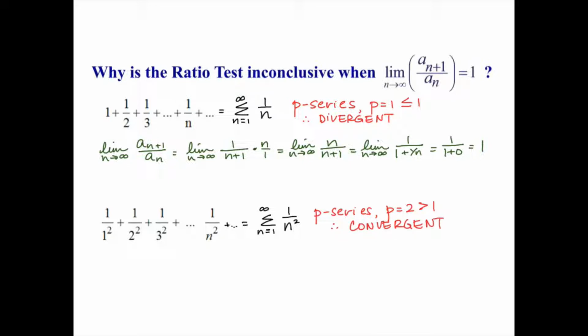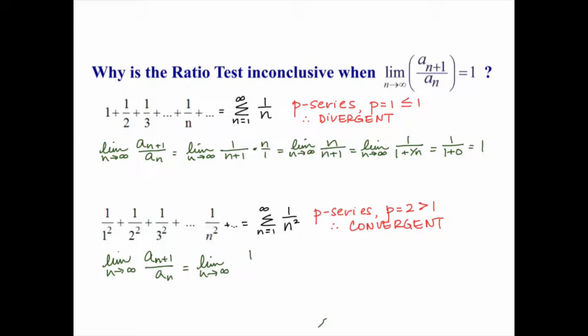Okay, now if I do the ratio test, this is also a positive term series, a condition necessary to do the ratio test. I'm going to have the limit as n approaches infinity of a sub n plus 1 over a sub n, which is the limit as n approaches infinity of this.